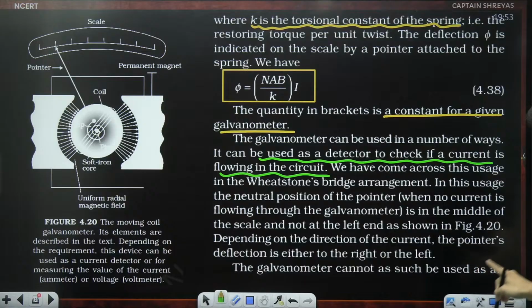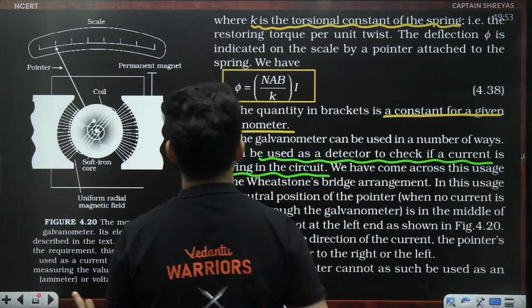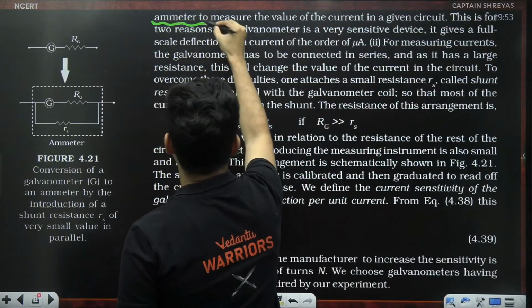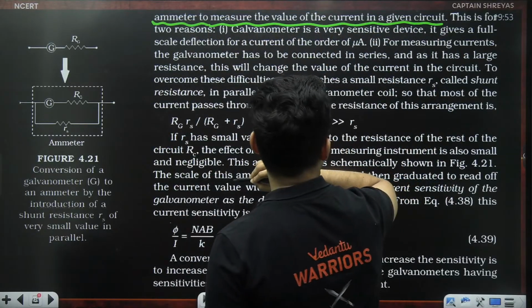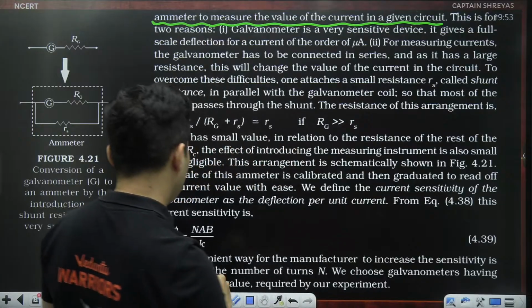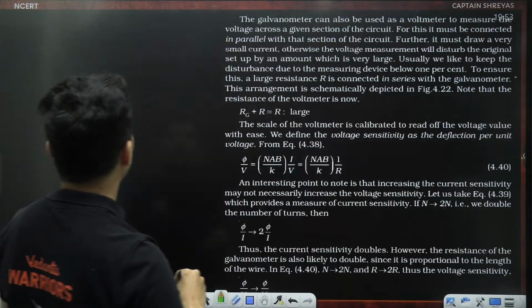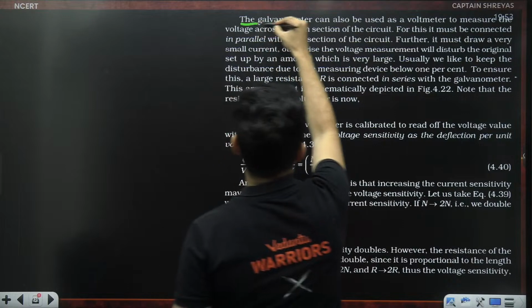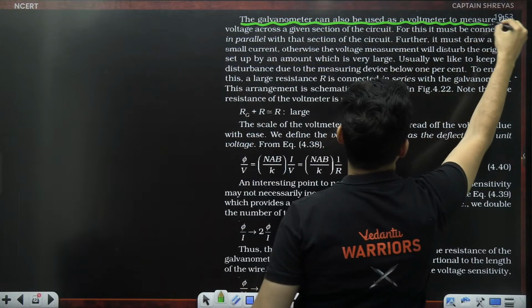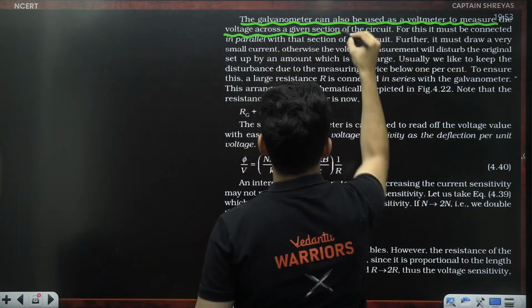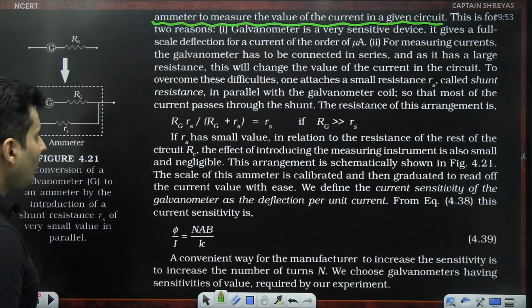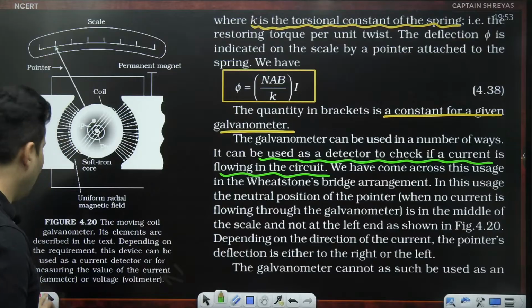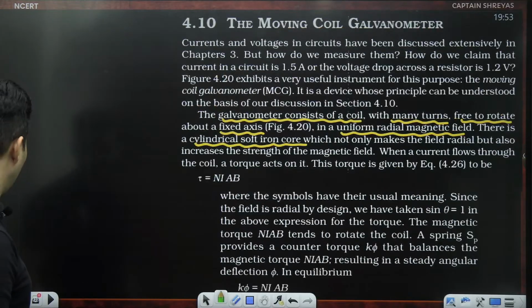It can also be used as an ammeter to measure the value of the current. Okay, and also it can be used as a voltmeter to measure the voltage across a given section. So construction, working and applications, all of them one by one.